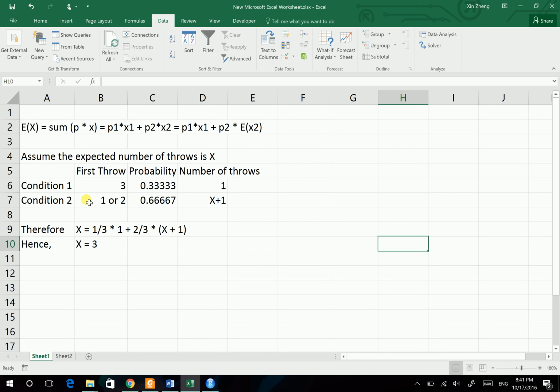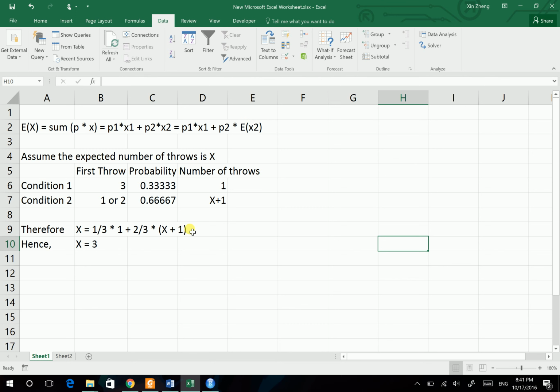When you get 3, the probability is 1 over 3, and you threw once, so the number is 1. So the first part of this equation is the probability times the number of throws. For the second condition, the probability is obviously 2 over 3, and the expected number of throws to get 3 is x plus 1.